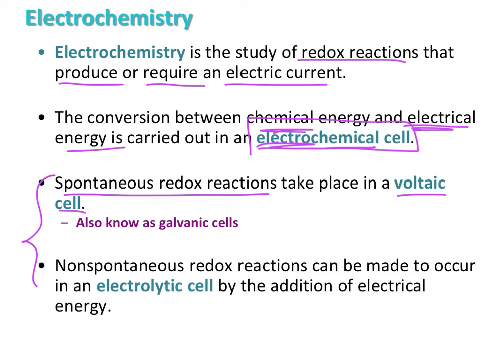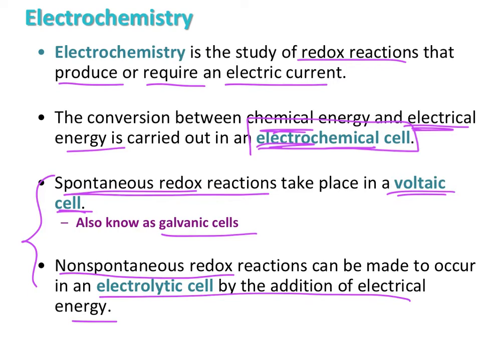Versus non-spontaneous redox reactions, they can be made into one of these cells to generate electrical energy, but you actually have to put in energy first because they're non-spontaneous. So those are the two different ones. And first we are going to be looking at a galvanic cell or voltaic cell, whichever you want to call it, they're synonyms. So a spontaneous reaction.